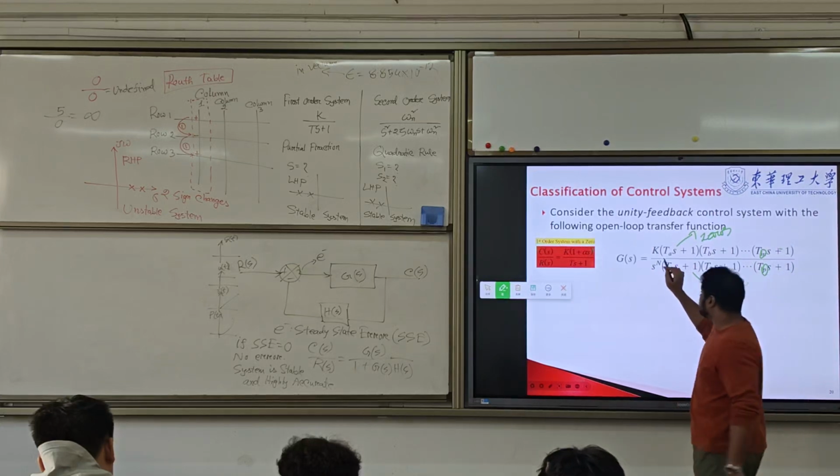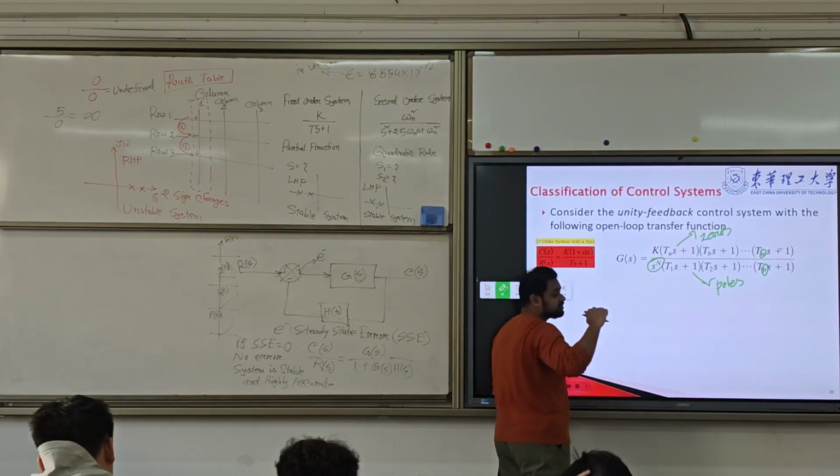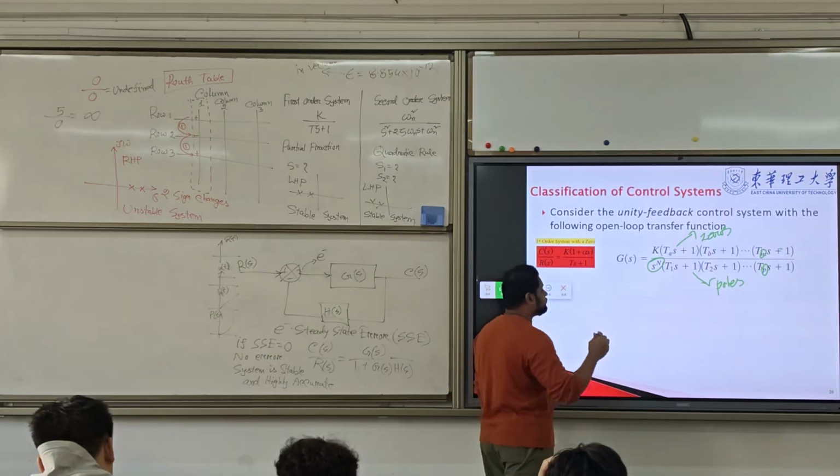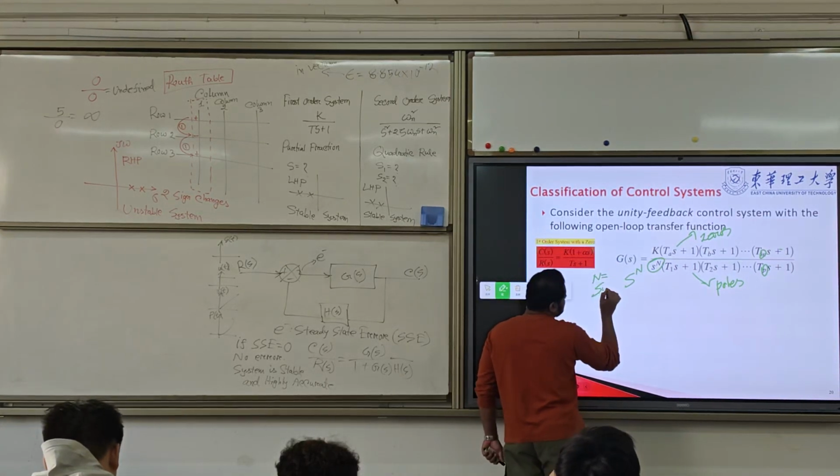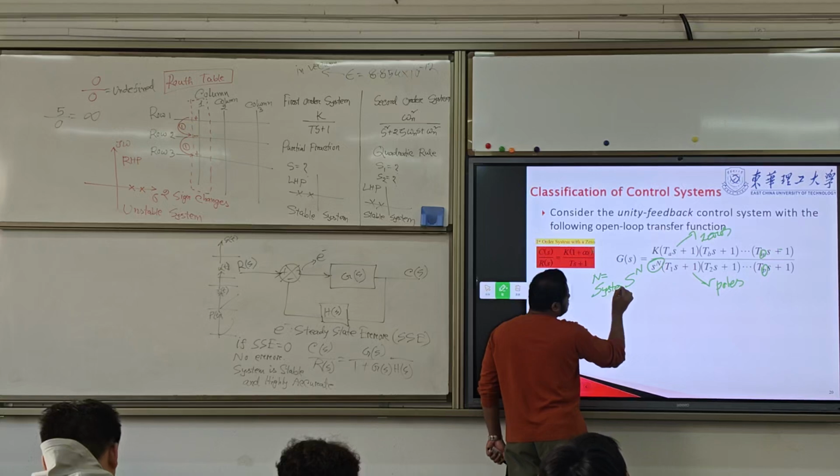Now look here. There is one term called s^n, s power n. This n is the system order.